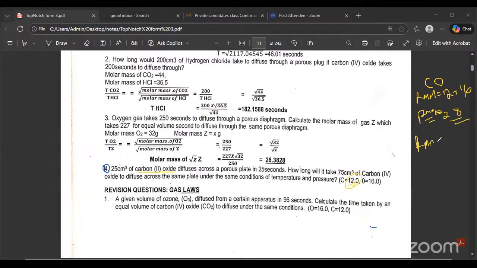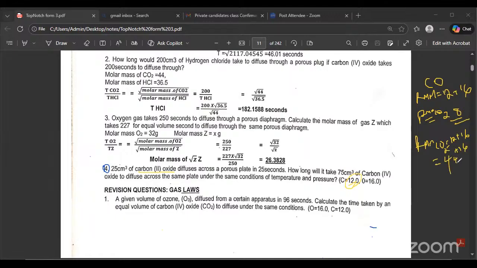But let me just do it: 12 plus 16 plus another 16, because now the oxygens are changing to 2. So the RMM is 44, which you already know.